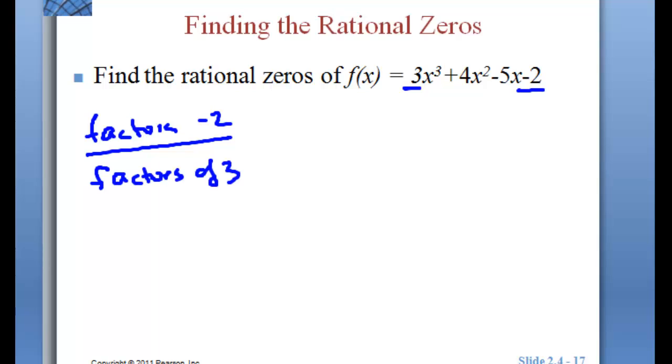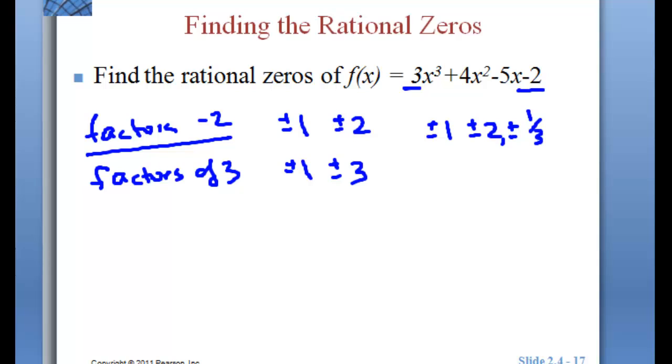Factors of -2 are plus and minus 1, plus and minus 2. The factors of 3 are plus and minus 1 and plus and minus 3. So the potential rational zeros are plus and minus 1, plus and minus 2, plus and minus 1/3, and plus and minus 2/3.